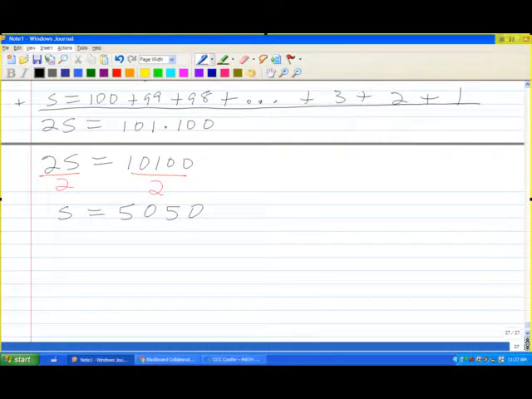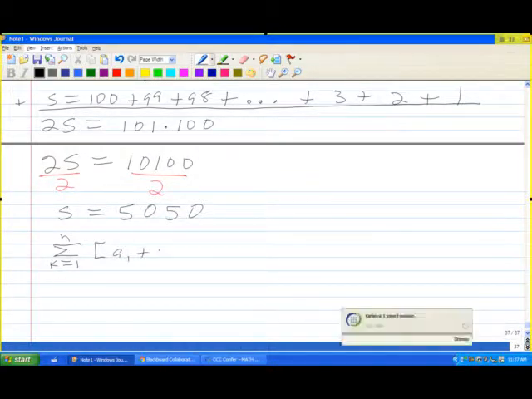Let's derive the general formula for the sum of an arithmetic sequence, let's say from k equaling 1 to n. Every arithmetic sequence looks like a1 plus (k minus 1)d.